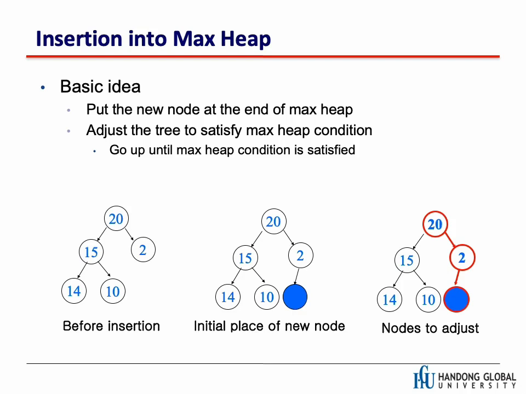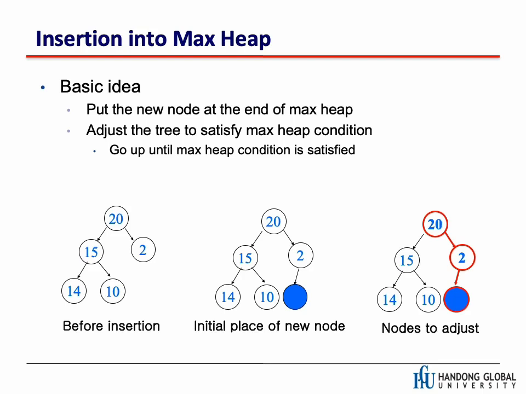So when we add a new node, the ancestors should be larger than the new node. If we add, let's say, node 1, then we don't have to move anything, right? When we add node 1, 1 is smaller than 2, so problem solved. But if we add 3, then 2 is smaller than 3, so we have to swap, and that's it.